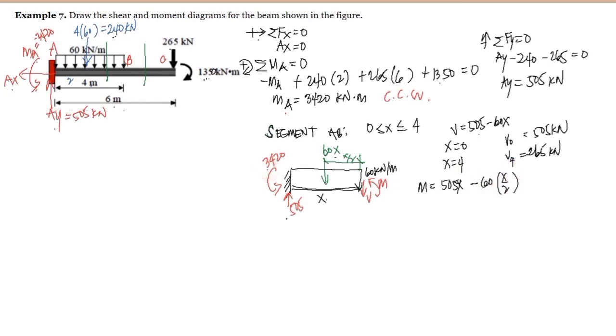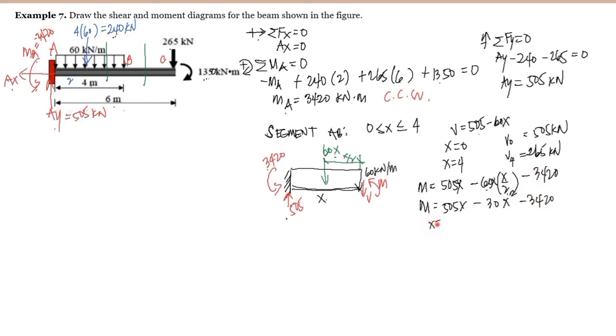And this 3420 here is counterclockwise, so it's negative 3420. I'm sorry, this is 60x. So we have here 505x minus 60 divided by 2 is 30, that's x squared, minus 3420.